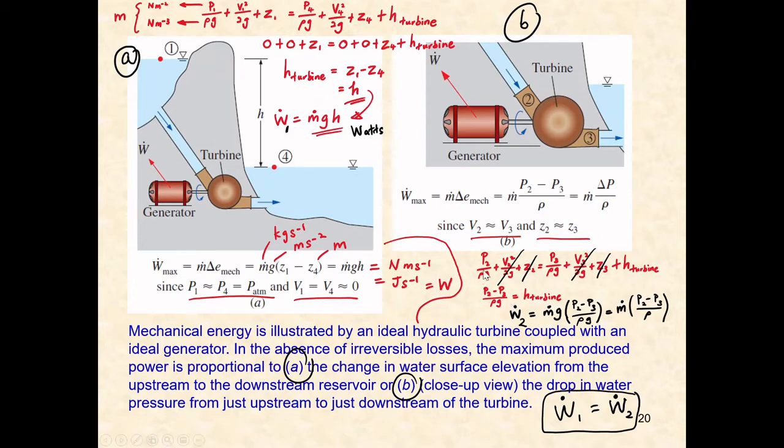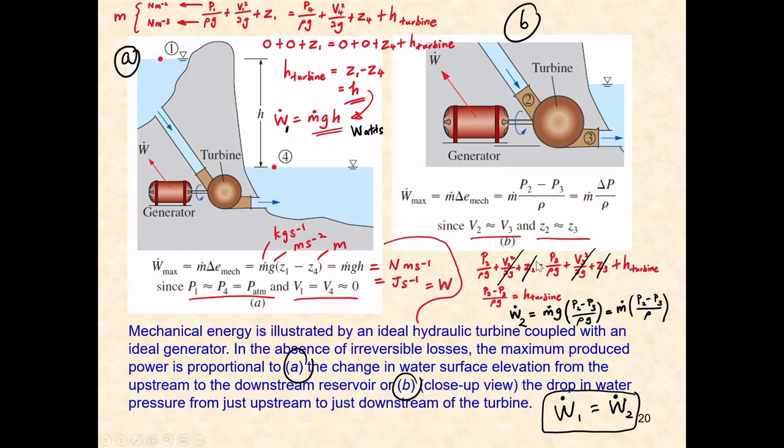So we can easily cancel out the velocity because we know that the pipe diameter is the same at the inflow as well as the exit point. So the incoming point and the exit point have the same pipe diameter, so the velocity you expect to be the same, and it can be cancelled out. And then we further assume that point 2 and point 3 have almost the same elevation.